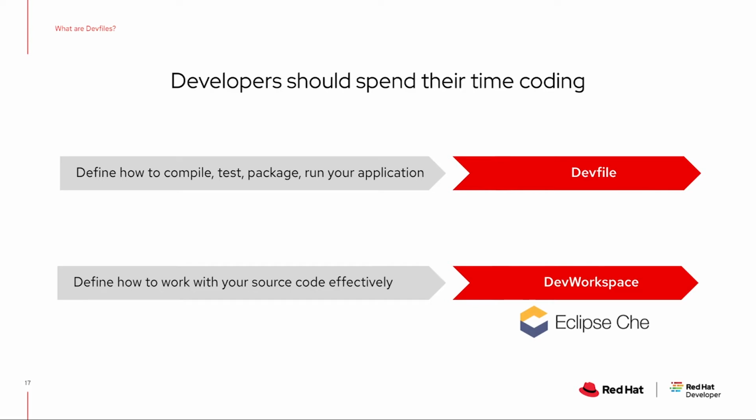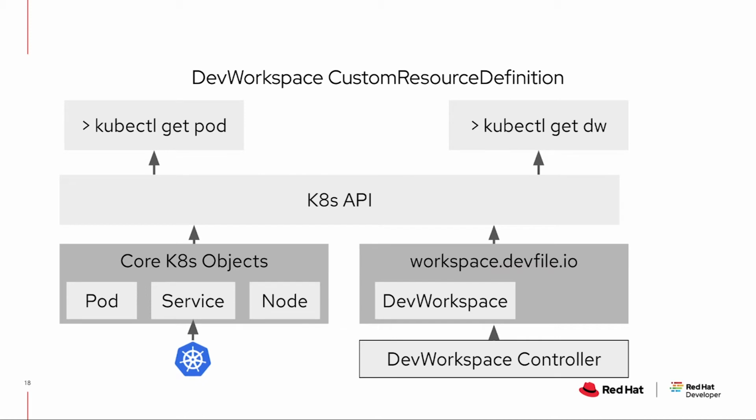Eclipse Che has built, with dev file, a concept called Dev Workspace, which allows you to define, configure, and start an IDE for your project. The workspace is defined as a Kubernetes custom resource definition, which means it's an extension for the API of your Kubernetes OpenShift cluster.